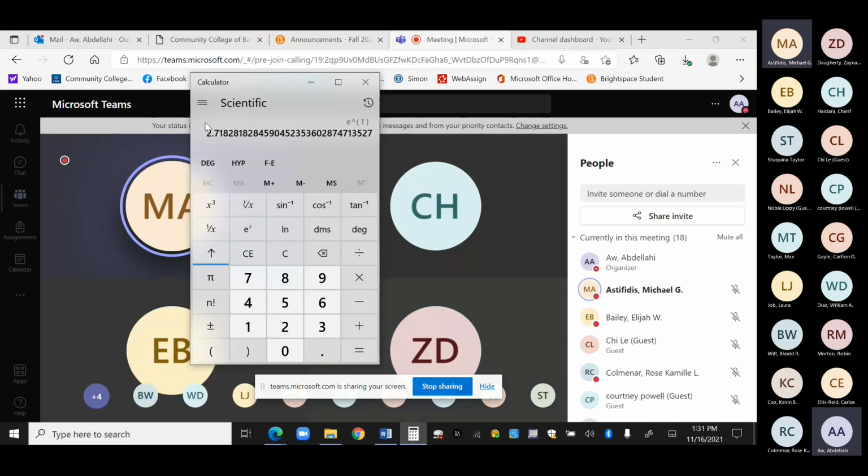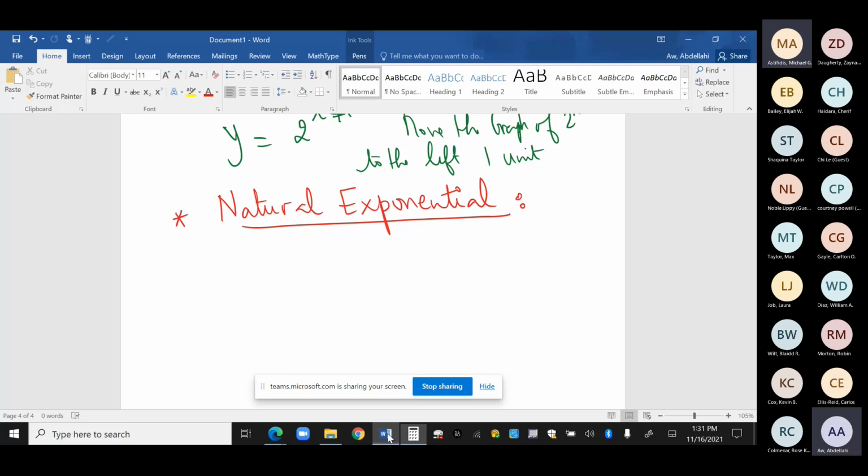You see, 2.71, etc. The decimal part of that number never ends, and that number is called e. The decimal part never ends and never repeats itself.